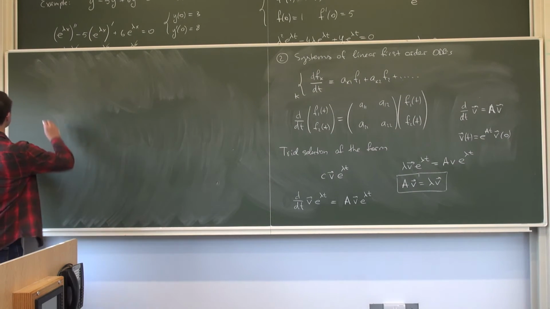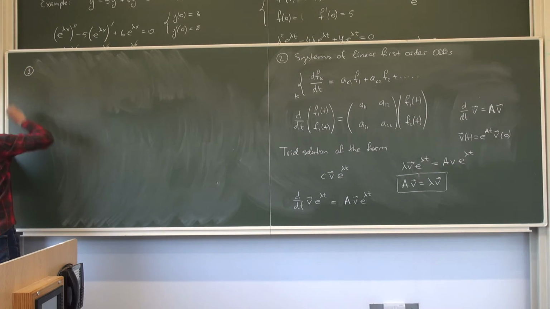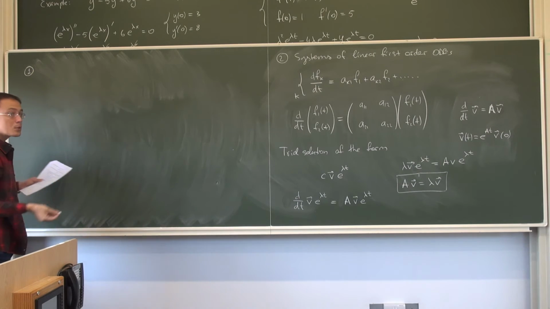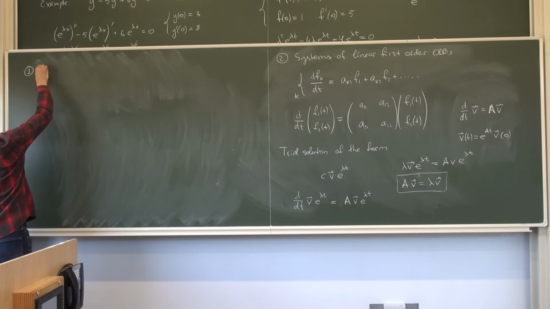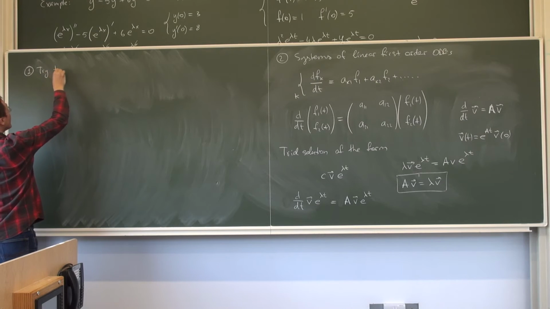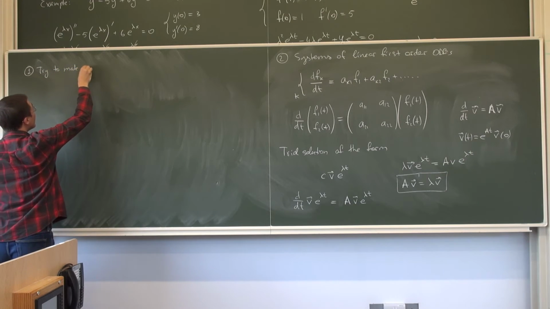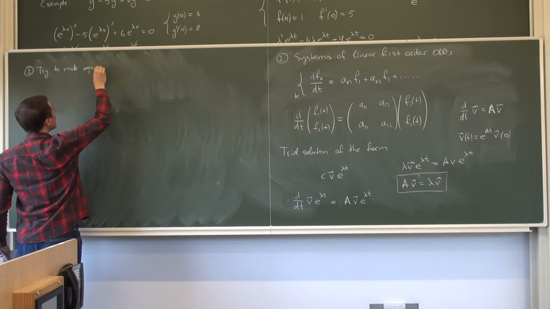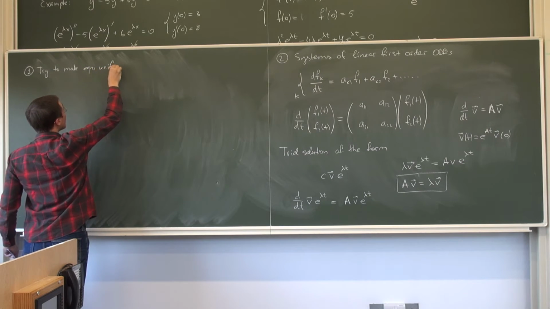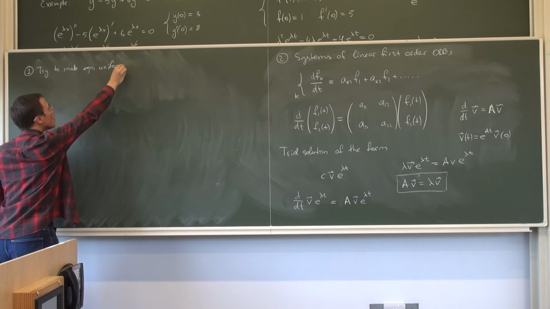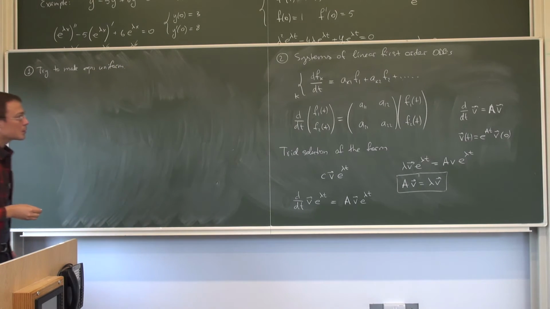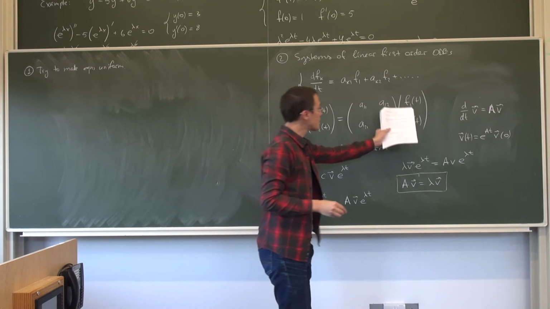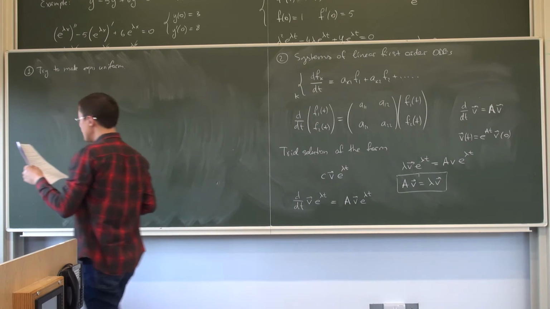Okay, so first, if the system is non-uniform, try to make the system uniform. Make equations uniform by substitutions, whatever works, so that they are reduced into this general form.